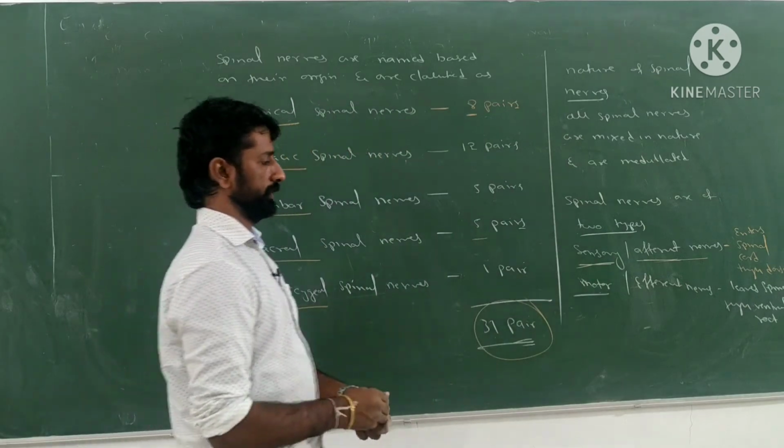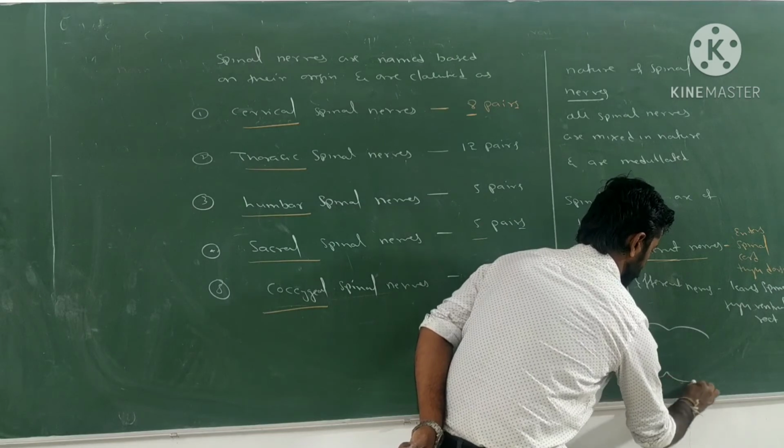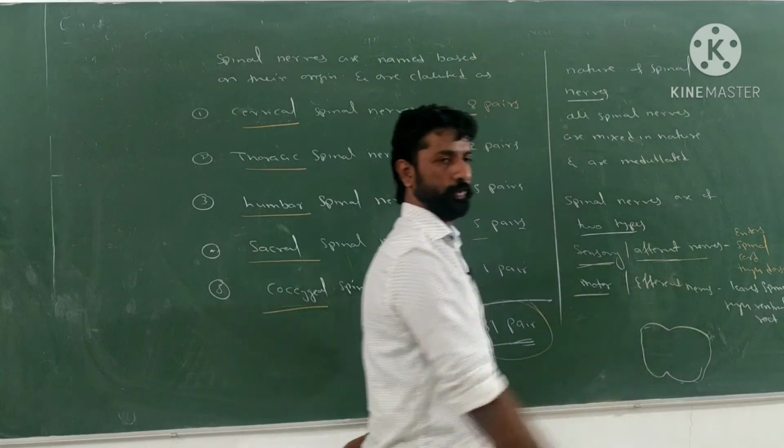Ventral root. Say for example, this is the diagrammatic representation of the spinal cord.